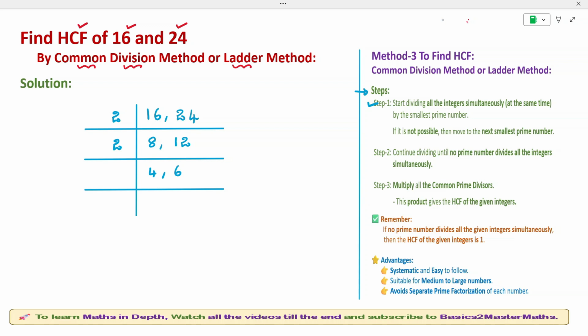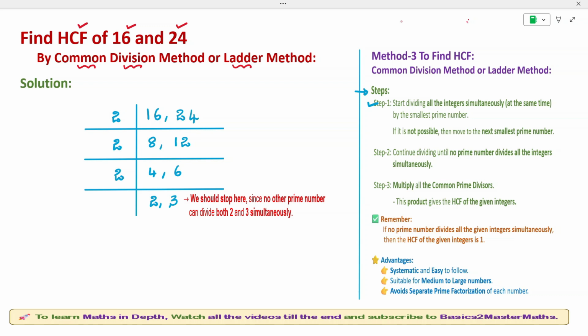Again, start dividing 4 and 6 by the smallest prime 2. Since 2 divides both the integers 4 and 6 exactly, we get 2 and 3.